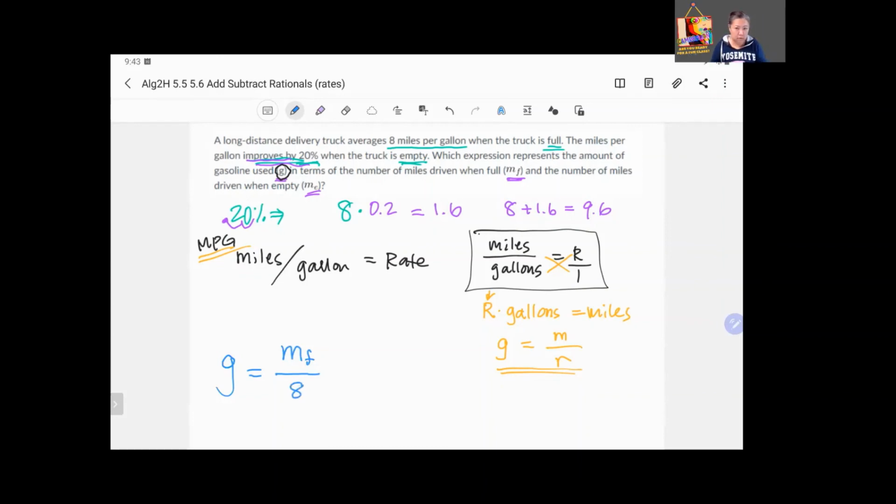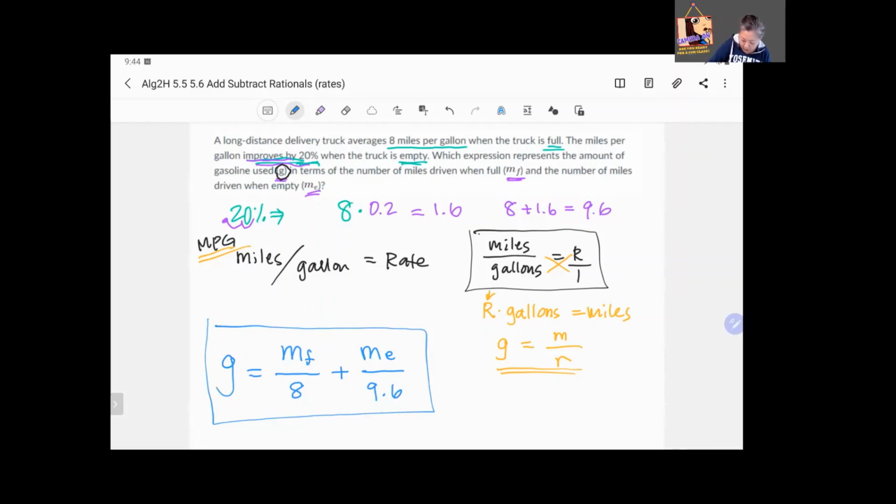And the other case is the miles it can go empty, over the rate for the empty truck, which was 9.6, because we calculated it earlier. So this is the model for this situation. Okay, any question?